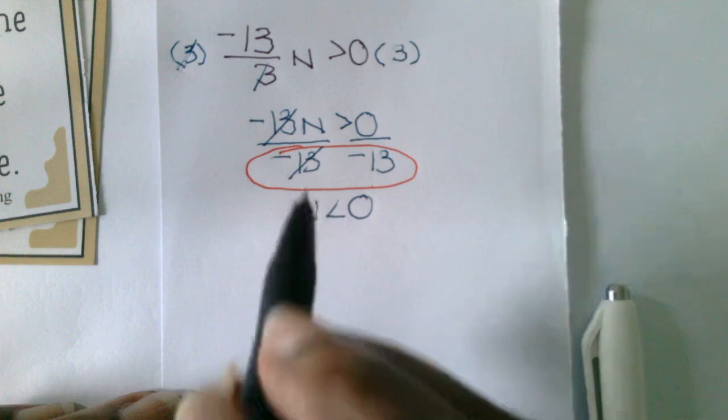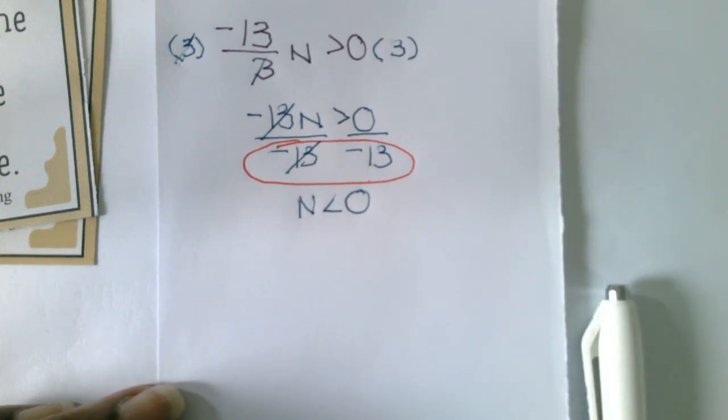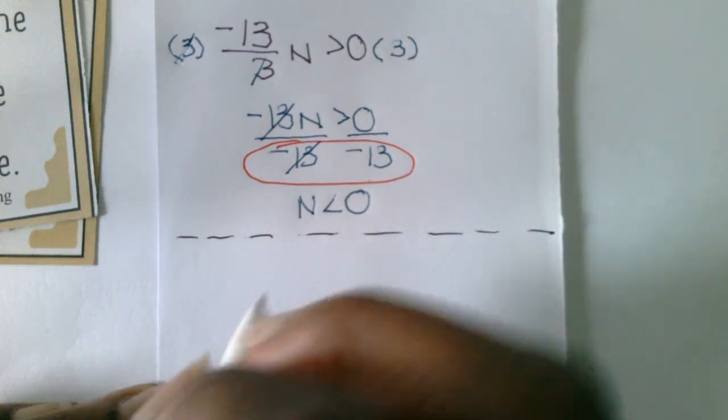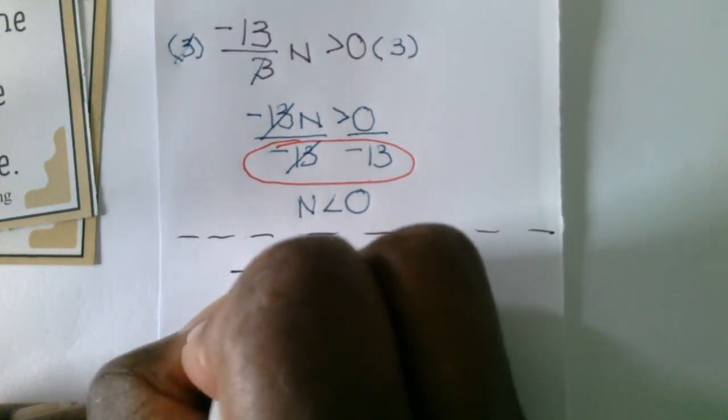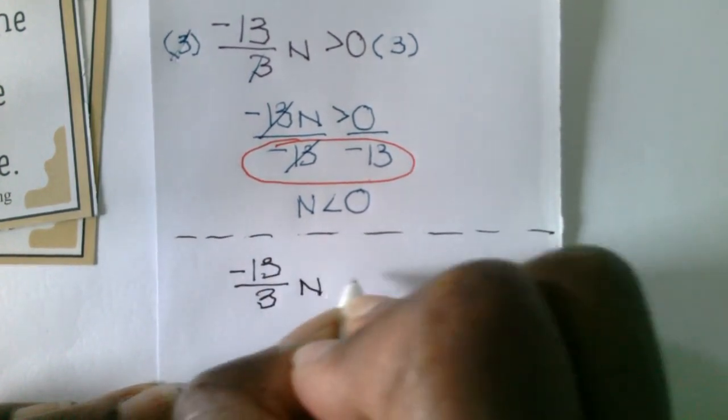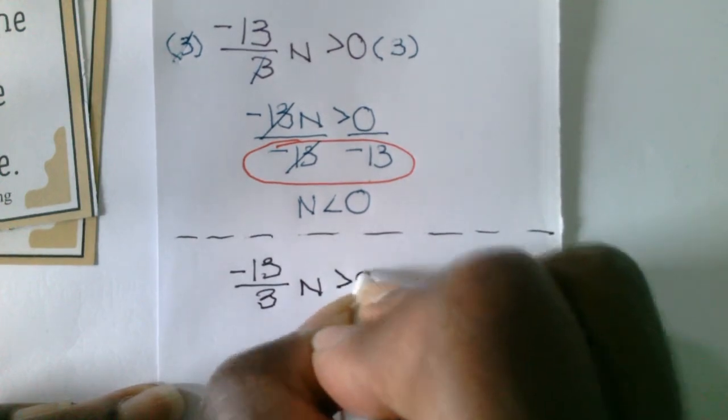Now, that's one way of us breaking it down. The other way: we had negative 13 thirds n, which was greater than 0.